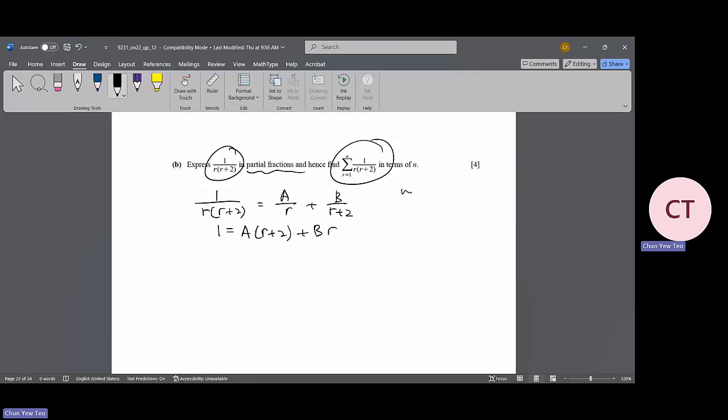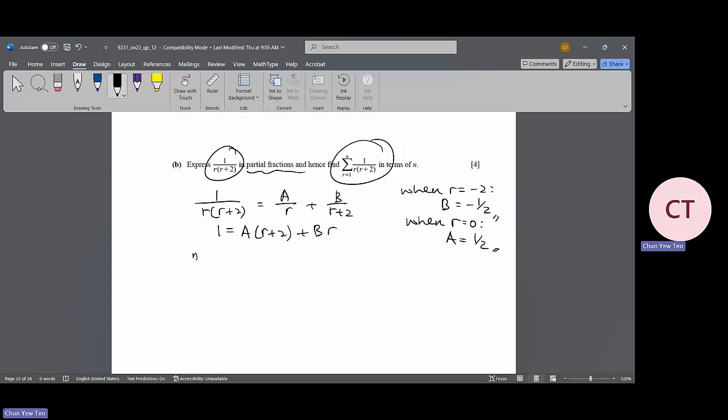So when r is equal to -2, you get b as -half. If when r is equal to 0, you get a is equal to half. So this is how you find the constants a and b.